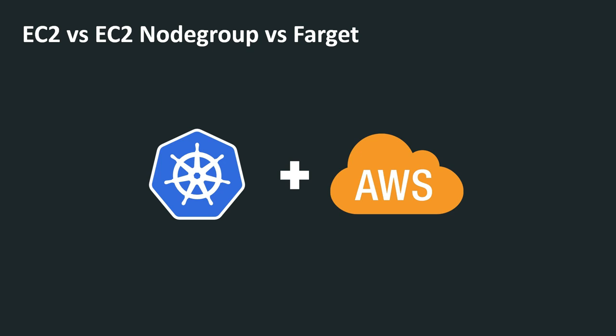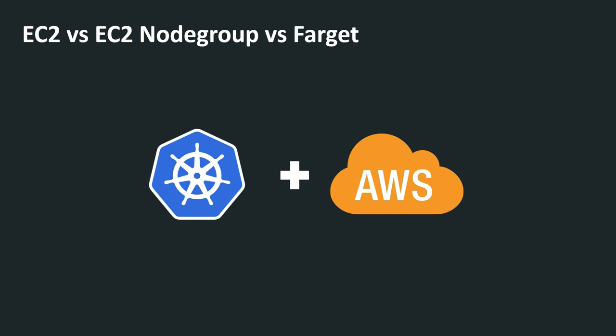So basically, you can group your worker nodes into a node group, and the node group can actually handle some of the heavy lifting for you and make it easier for you to configure new worker nodes for your cluster.